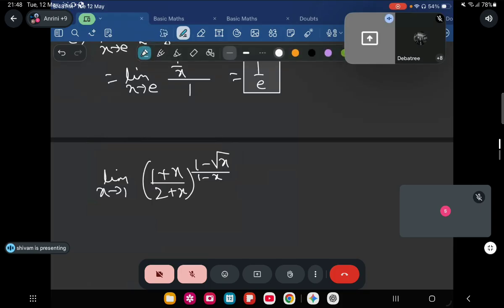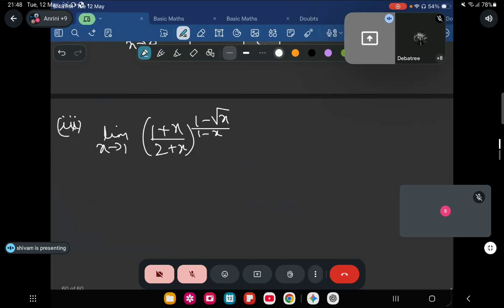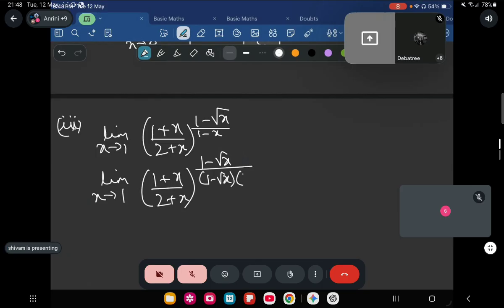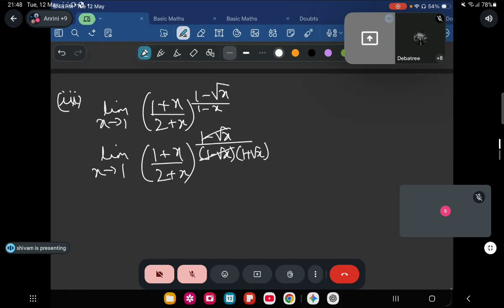So what you do is, you factorize: limit x tends to 1 plus x divided by 2 plus x, whole to the power 1 minus root x upon 1 minus root x multiplied by 1 plus root x. So these two will get cancelled. When you substitute x equal to 1, you are going to get 2 by 3 whole to the power half, which is equal to root over 2 by 3.